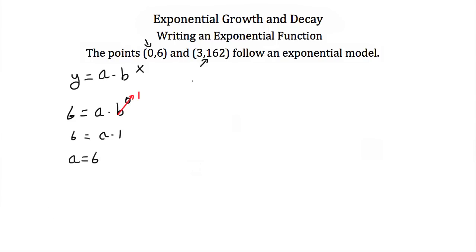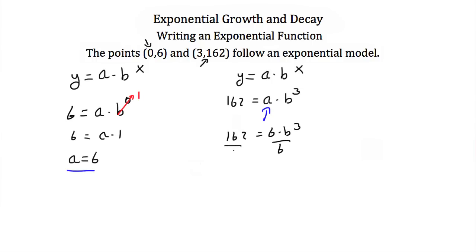If I plug my second point into y is equal to a times b to the x, my y is 162 times a times b to the 3rd power, because my x is 3. Now I can't do much with that equation, except I found out that my a was 6 in the first one, so I can plug that in there for a. I'll get 162 is equal to 6 times b cubed. Divide both sides by 6, and I'll get b cubed is equal to 27.